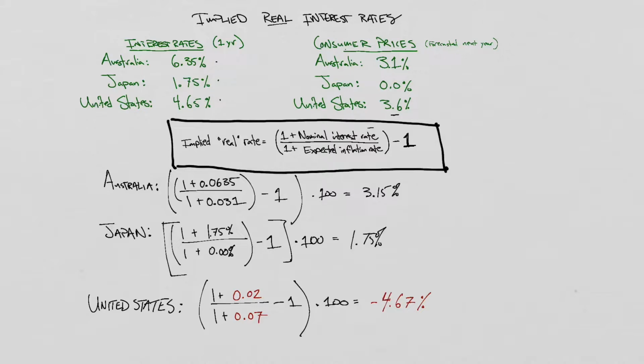But this is kind of an unusual situation, and it's really just the effect of the pandemic and the aftermath of it. So I guess a more thorough explanation would be that this is a snapshot in point in time. And what's happened is that U.S. central bank policy has been to keep interest rates low during and after the pandemic.